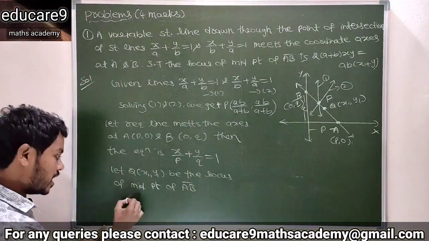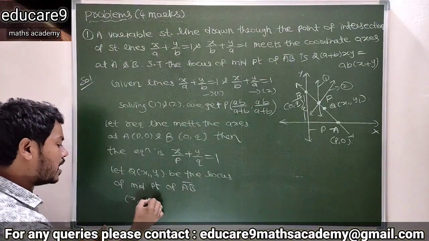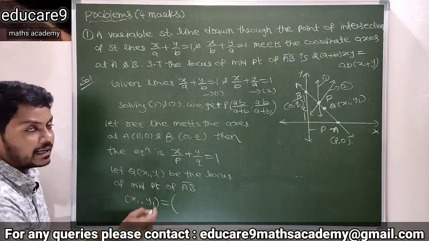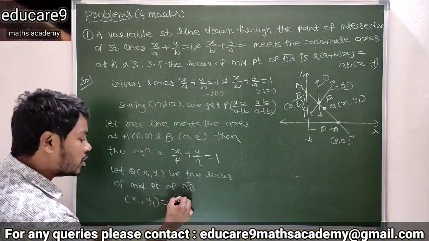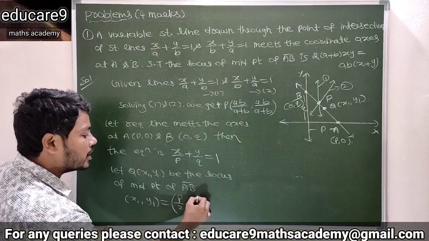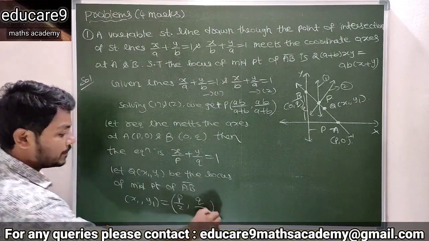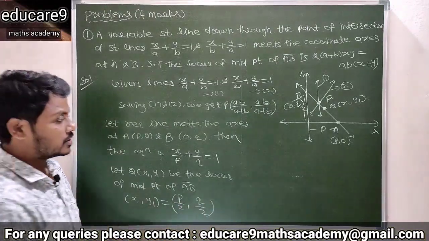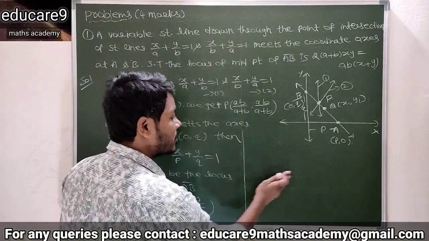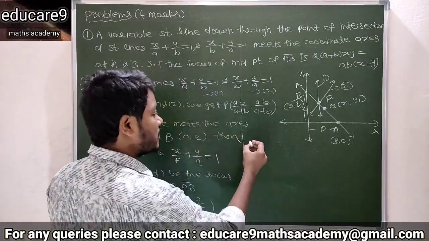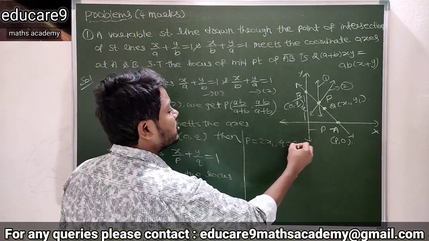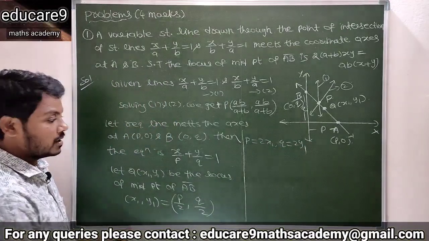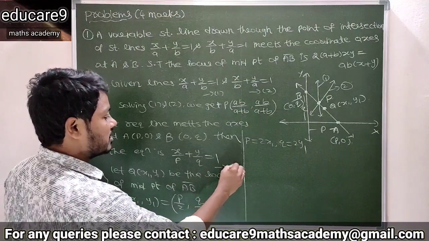Therefore (x1, y1) equals the midpoint of AB, that is ((p+0)/2, (q+0)/2) = (p/2, q/2). Equating these, what do you get? p = 2x1 and q = 2y1. This is equation 3.